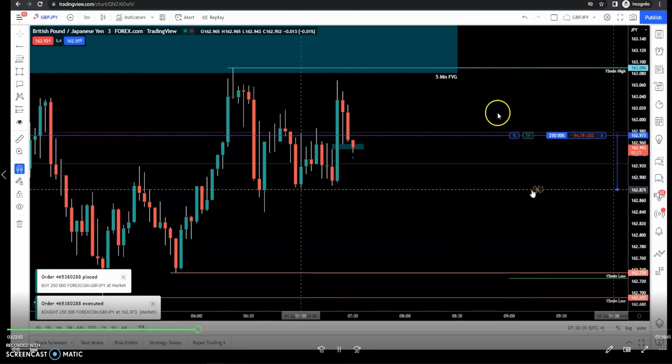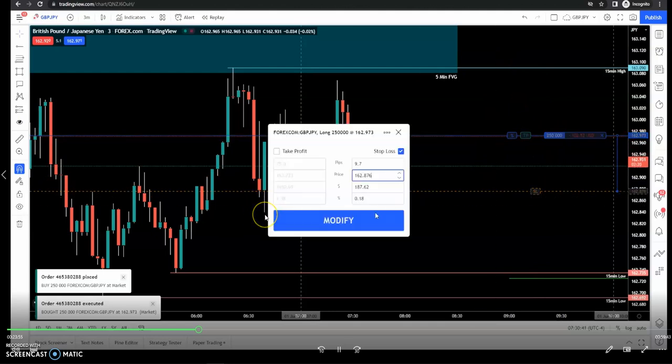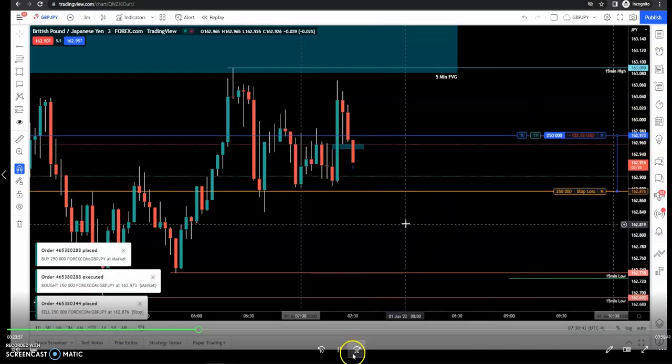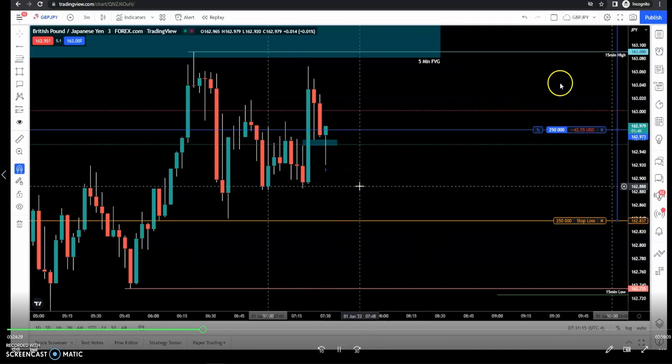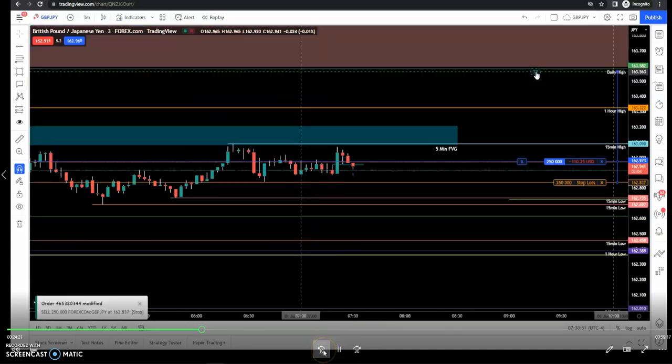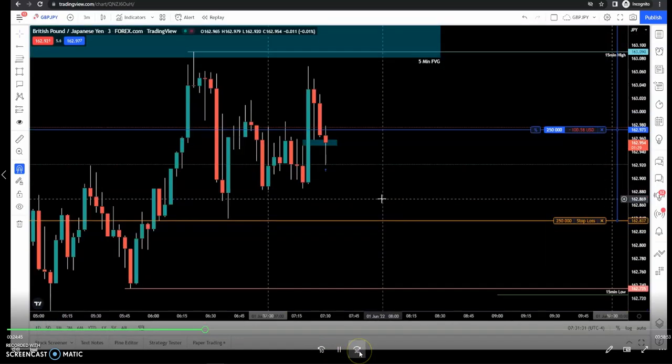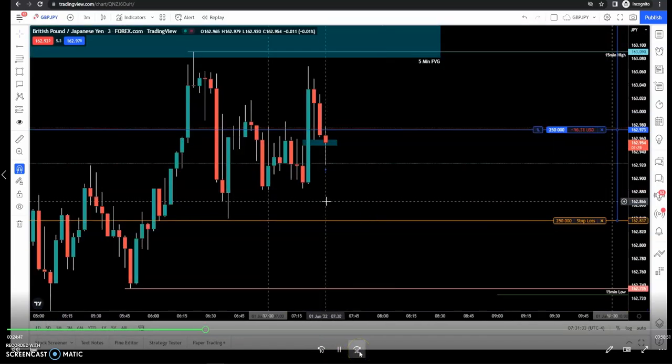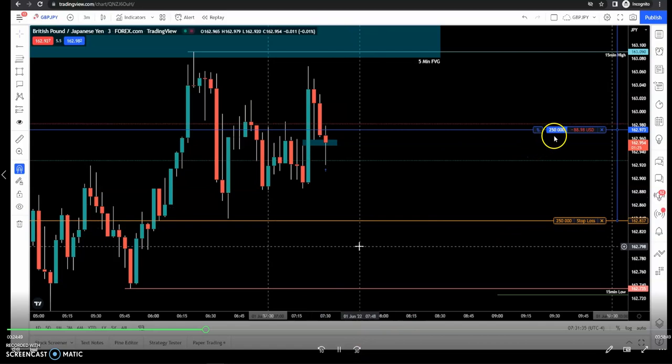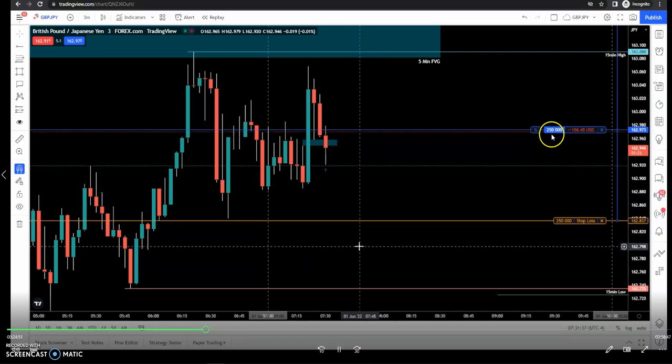I put my stop loss down here, and I take TP to the high up there, thinking that it's going to run up. Now, I wasn't very confident in this trade, which is why I only went in half a position.